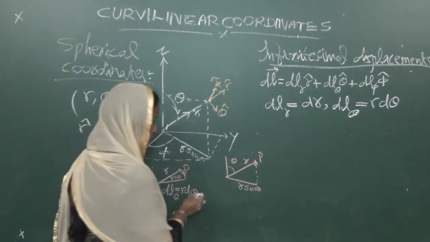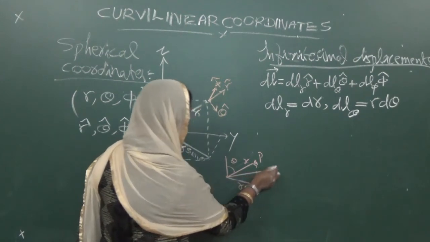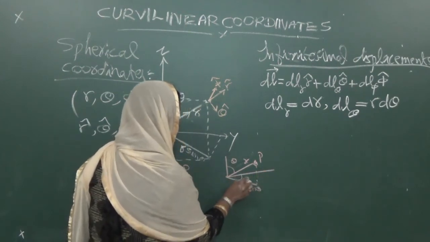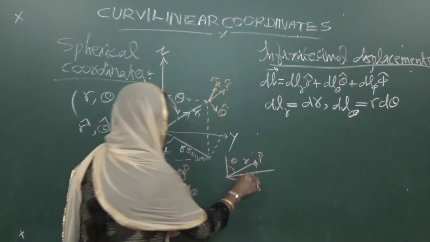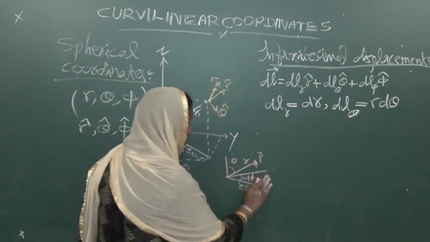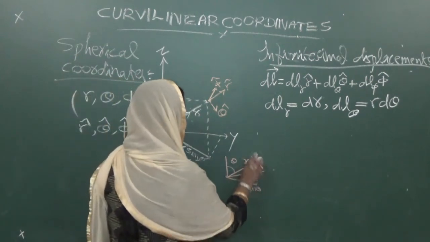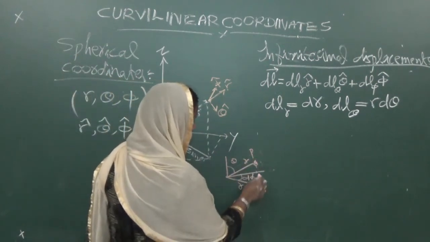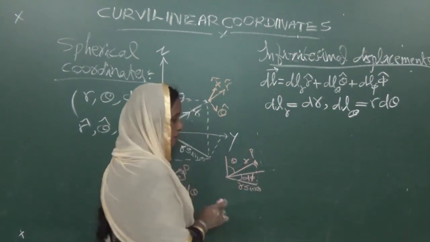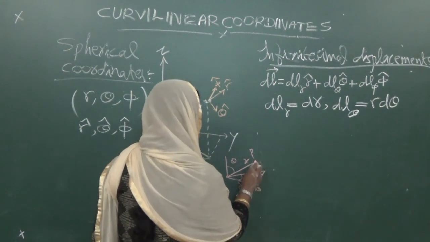Now, this angle is d phi. Phi increases along this direction. Its increment is given by this d phi. Okay. Now, point P is here. So, the corresponding increase in displacement is given by this expression. Right?